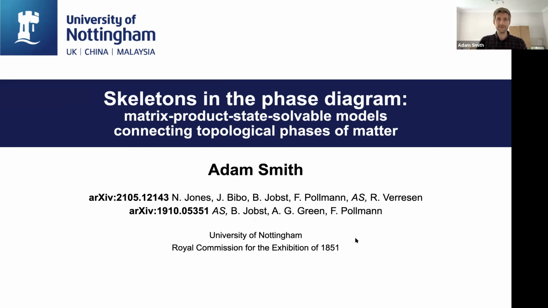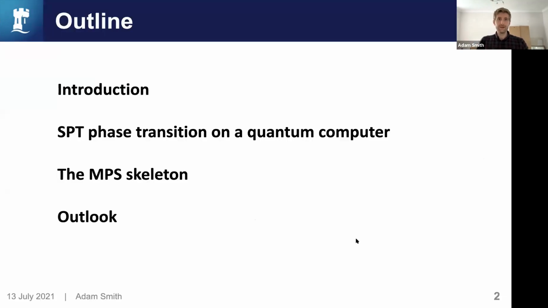Okay, so just to give you a brief outline of how the talk's going to go, I'll tell you a bit about the topological part of my title, the MPS part of my title, and then I'll move on to a simple example of this MPS skeleton that I'll tell you a bit more about, and how we actually were able to implement this on a real quantum computer.